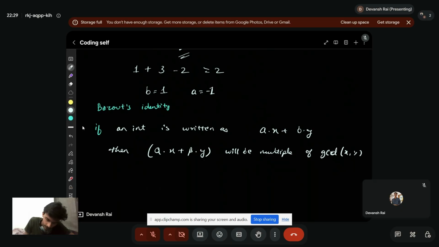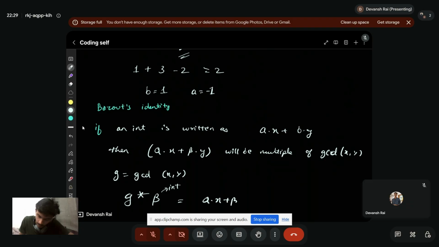That means if we say G is equal to GCD of x comma y, then G times some beta, which is an integer, will be equal to a times x plus b times y.